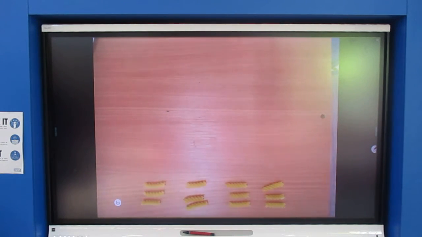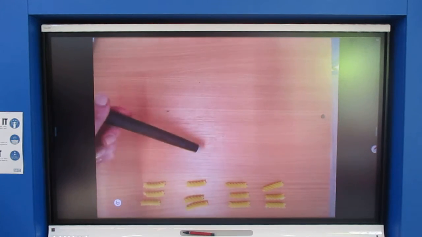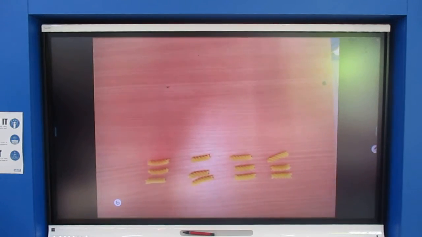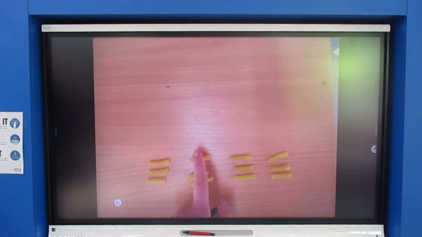Now, let's see. We've got 4 groups. Let's have a look how many are in each group. 1, 2, 3. 1, 2, 3. 1, 2, 3. And 1, 2, 3. We've shared them into 4 groups. And are they equal? Yes.